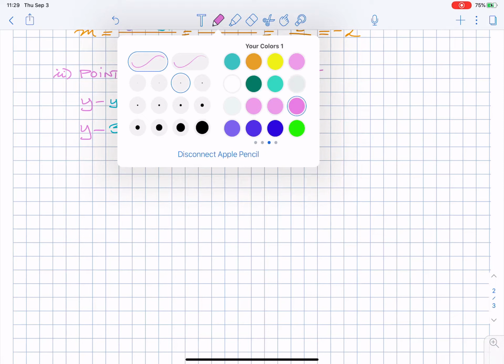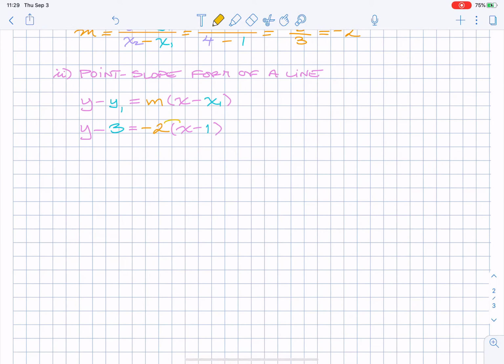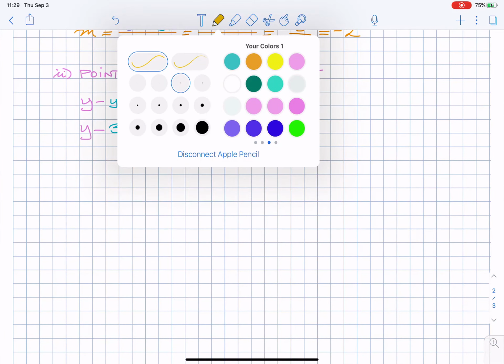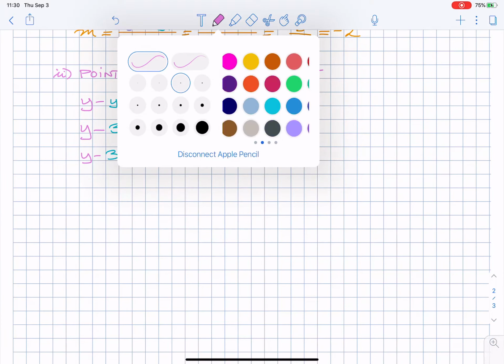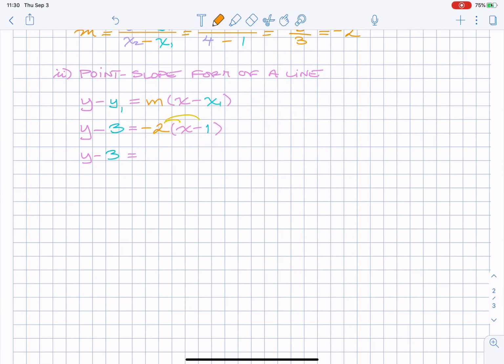So we can distribute. So we get that y minus 3 is equal to -2x plus 2 when I distribute. Okay, so now let's add 3 to both sides, and I get that y is equal to -2x.